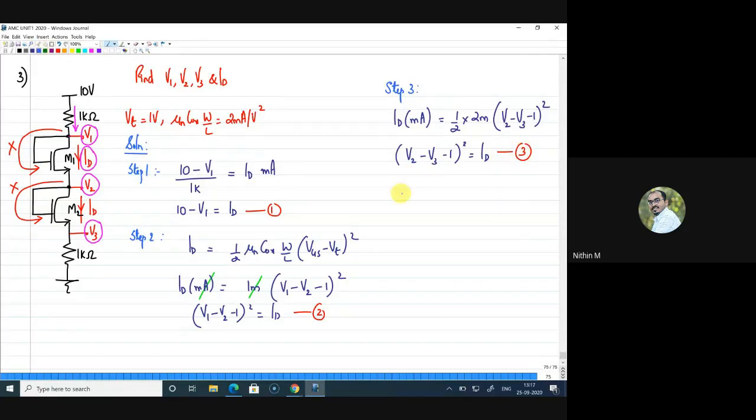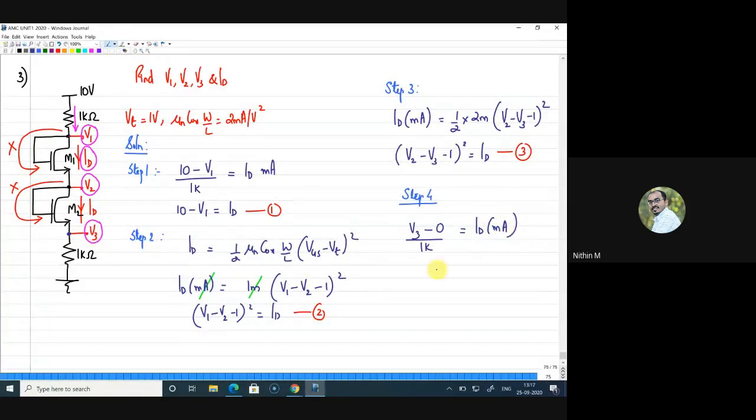Now I'll come to the final step, step 4, where I will write the current through resistance. So I'm writing the current through resistance and MOSFET using 4 different equations. Step 4 can be written as V3, which is this node voltage, minus 0 divided by 1K is also ID, which is in milliamps.